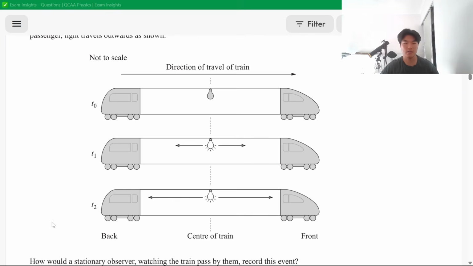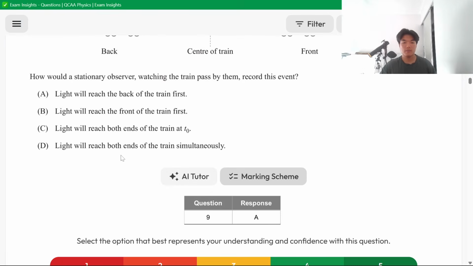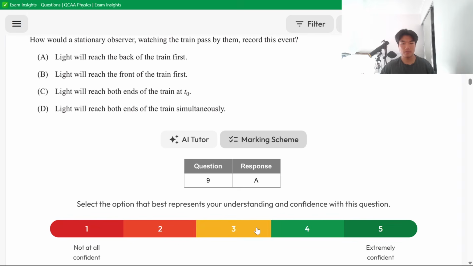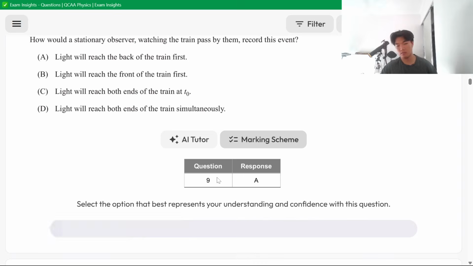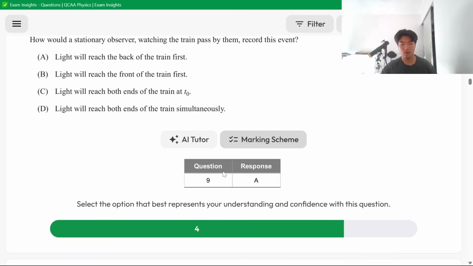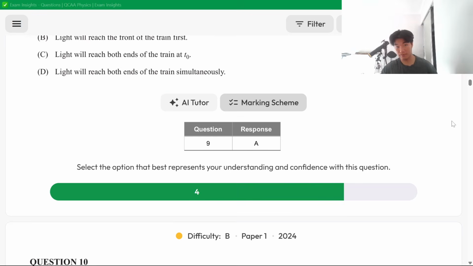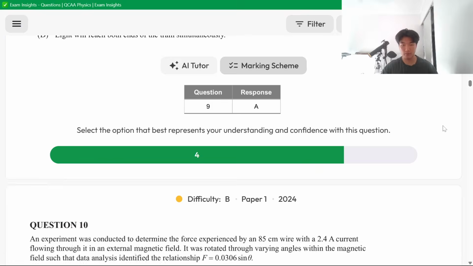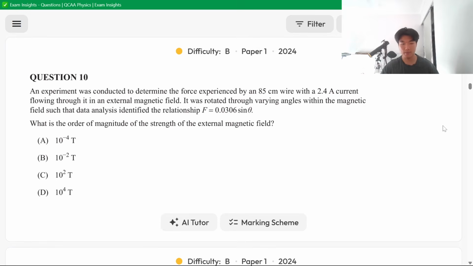It does make sense. I was a bit skeptical, but yeah, it does make sense. It would be simultaneous for the person in the train, right? They're in an inertial frame of reference, it would be simultaneous.